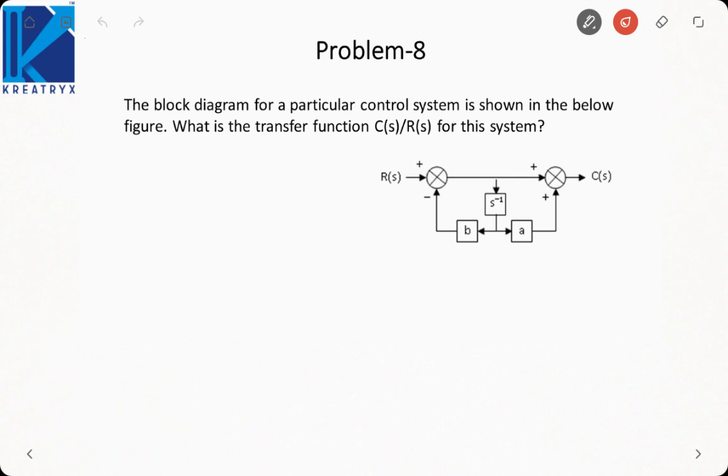In the next problem, again we need to find C(s) by R(s). But the problem here is, we cannot identify a closed loop. Like, I cannot say this is a closed loop because this S inverse is common with A. So let us say if signal X(s) is here, the signal here would be X(s) by s. So I redraw this block diagram, something like this.